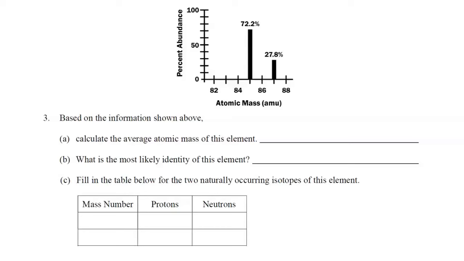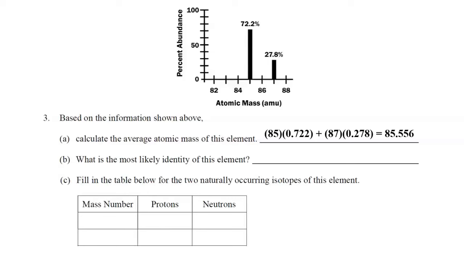I see another peak at mass number 87, and the abundance is 27.8%. So we'll calculate the weighted average to get the atomic mass of this element. So 85 times 0.722 plus 87 times 0.278.